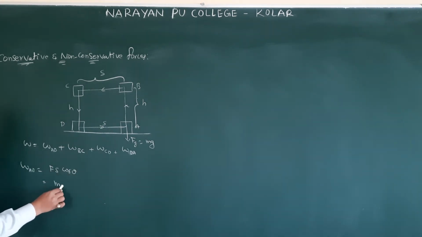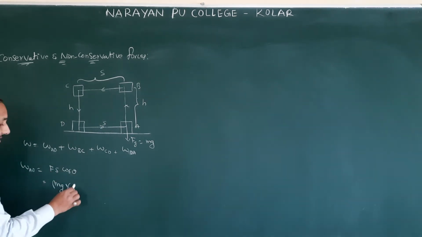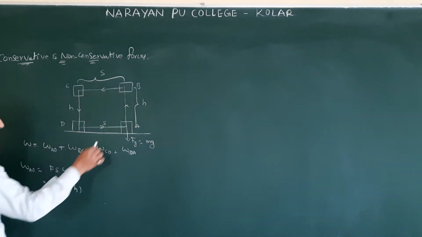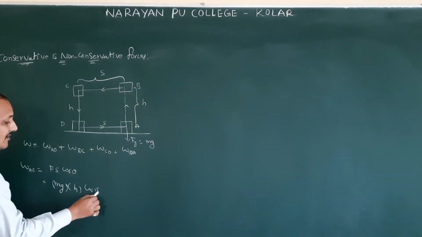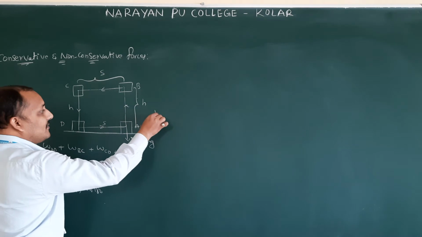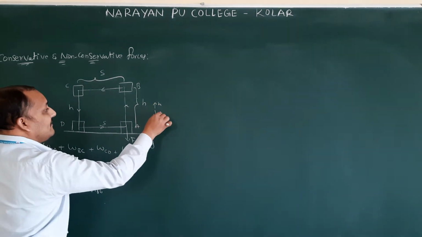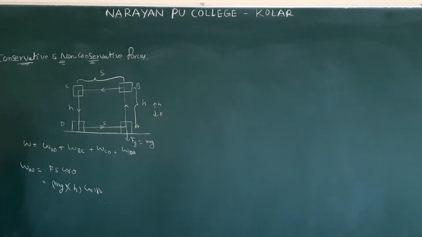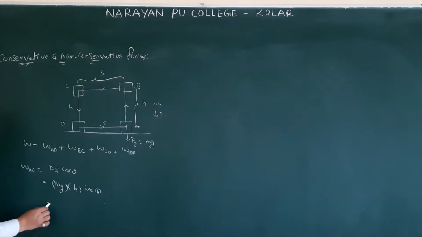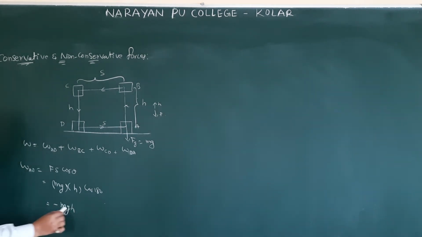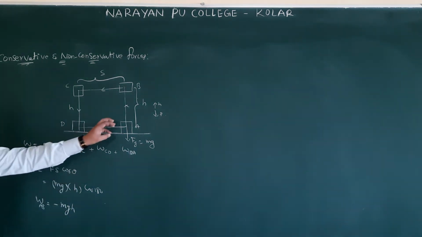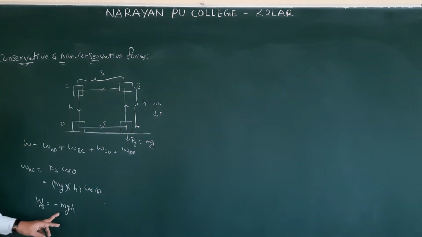F is the gravitational force mg, displacement h. What is the angle? Cos 180, because gravitational force is downwards and displacement is upwards. Therefore the angle is 180. Cos 180 value is minus 1. Work done to bring the object from A to B is nothing but minus mgh.